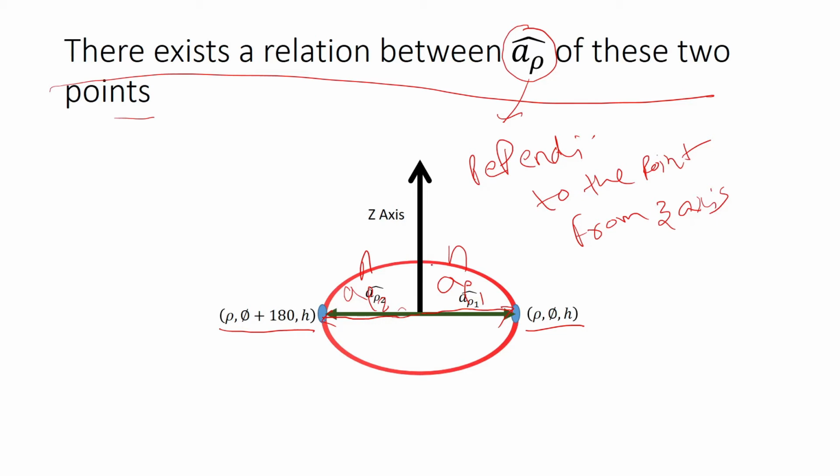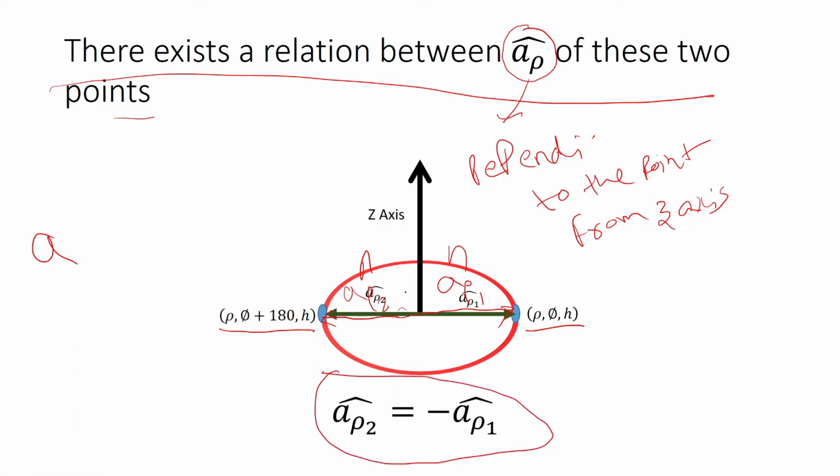It is very clear that the direction of each of them is diametrically opposite. That is, I can also say a rho 2 cap is in the direction opposite to a rho 1 cap. It is very evident, right?